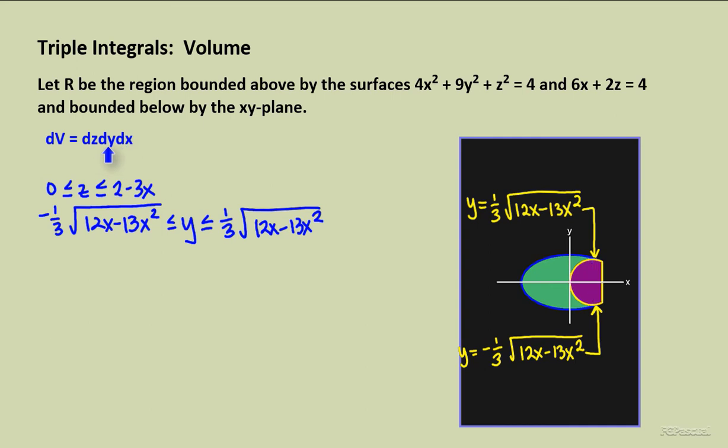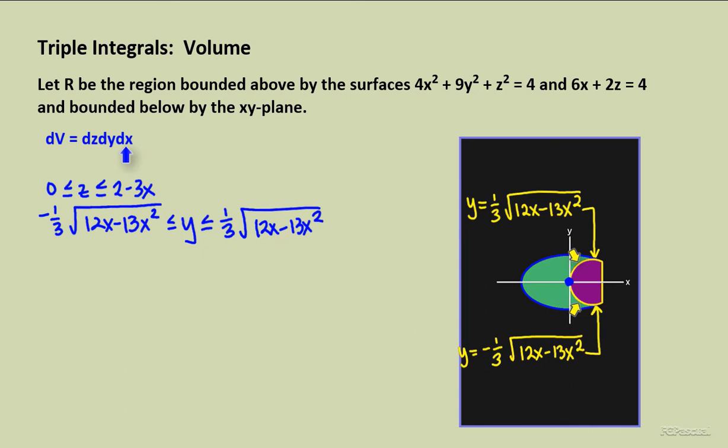Finally, we're down to the variable x for the portion under the plane z equals 2 minus 3x. With only the variable x left, we'll look for the smallest and largest values of x within the projection region. One can check that the smallest value of x is at one of the x-intercepts for this yellow curve. So do you remember how we find the x-intercepts of a curve?